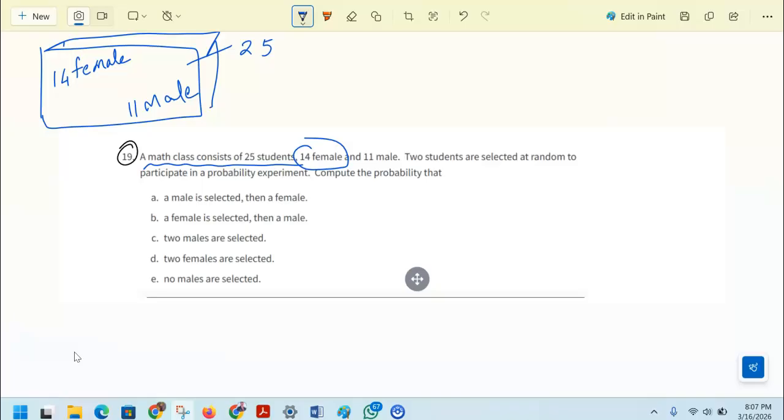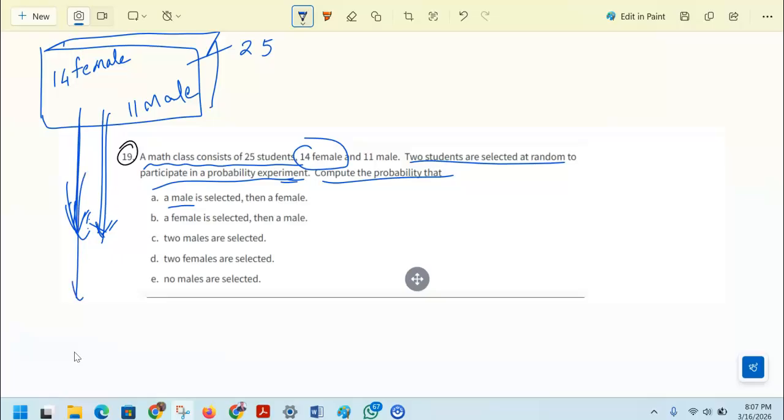Now, 2 students are selected at random to participate in a probability experiment. So from here, 2 students are selected. Now, order matters, first one and who is second, because that's what they say. What are the chances that when you pick 2 students, the first one and then the second one, a male is selected, then a female.